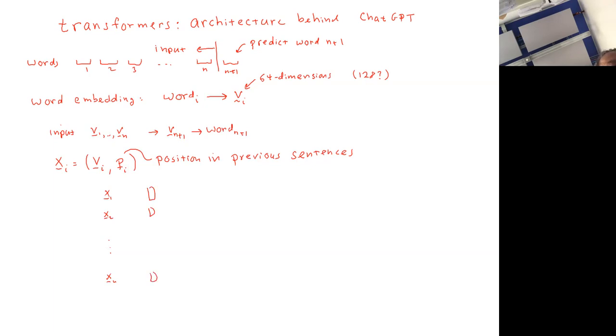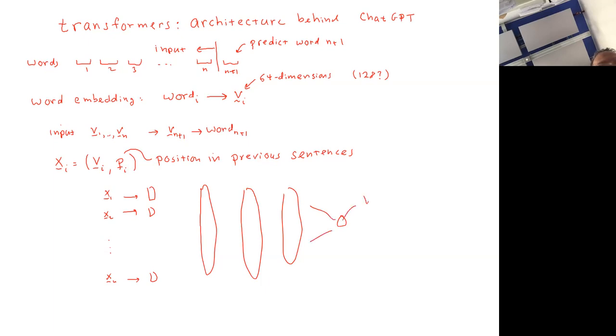Then you could run any feed-forward network you want, or recurrent network, and eventually spit out vn plus 1. Okay, so this would be a standard approach.